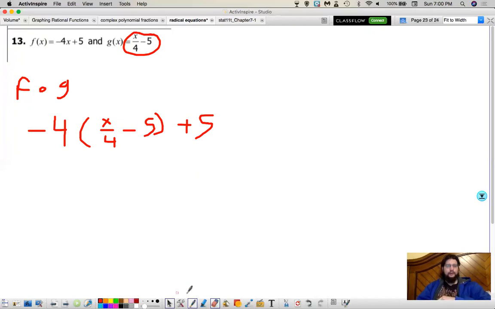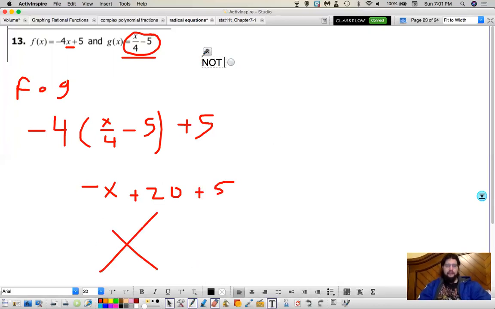Be careful with your parentheses, people. I didn't write it wrong, did I? No, I didn't. So yeah, this is x. Negative 4, this thing, plus 5. What happens? We get negative x plus 20. Yeah, it's not x. Not inverses. So this did not work out.